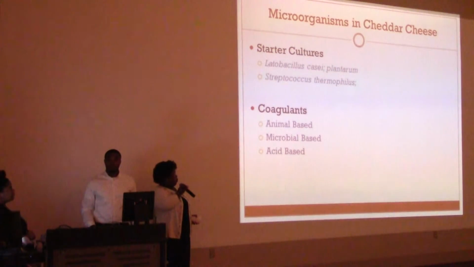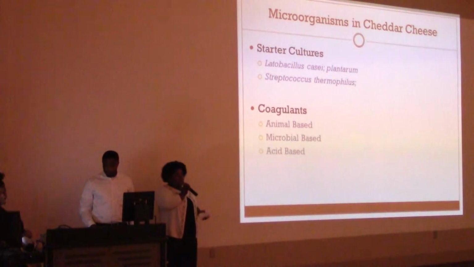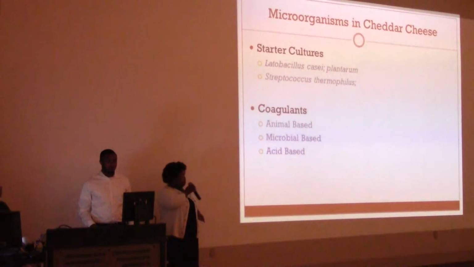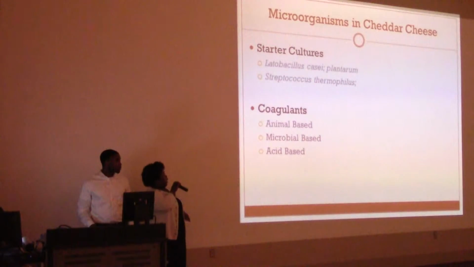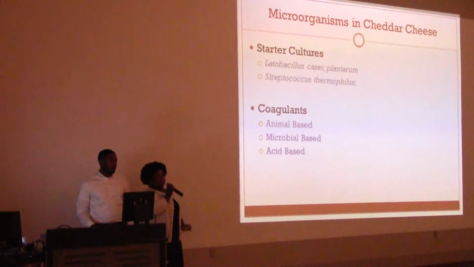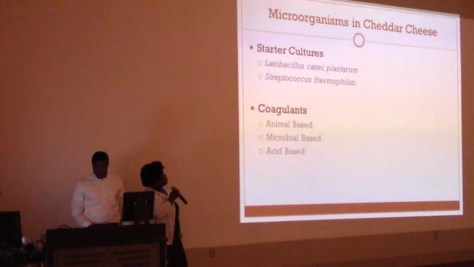Then there's microbial-based rennet, which comes from a mold called Yersinia and is used as a coagulant. And then there's the acid-based coagulant, which could be citric acid or acetic acid.